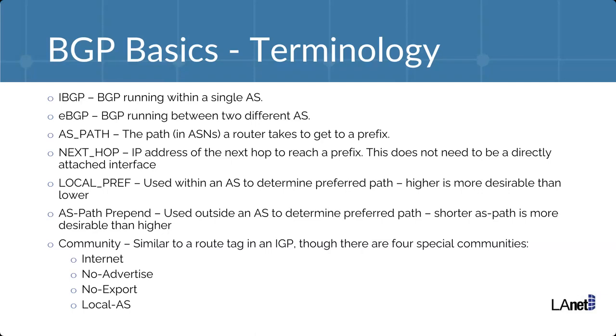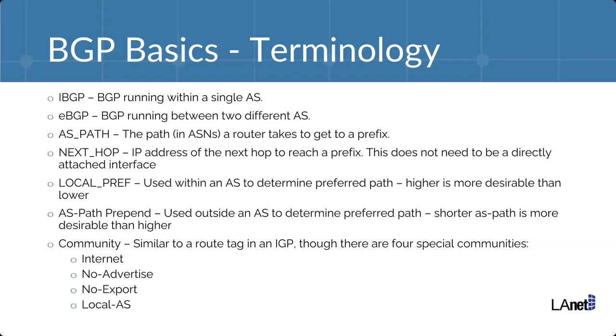Next hop is an important attribute. It's the next hop to reach a prefix. We'll dive a lot deeper into this when we get into IBGP. Local pref, or local preference. This is an important attribute within an autonomous system. So it's an IBGP only thing, but within an autonomous system, it allows you to determine one path being preferred over another, right?